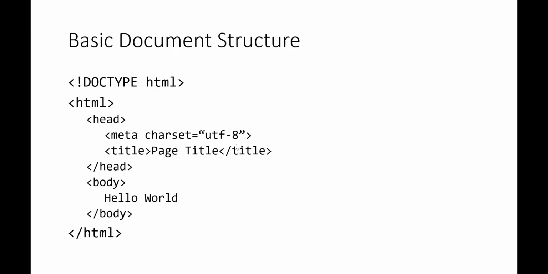And what we are saying here is that it uses Unicode, right? That is what you will see here. And then we provide the title. The last one is within the body, where we can type some text, which is the only thing that actually shows up within the web page, right?